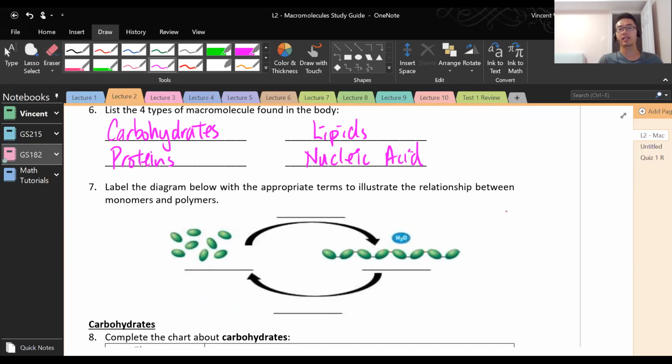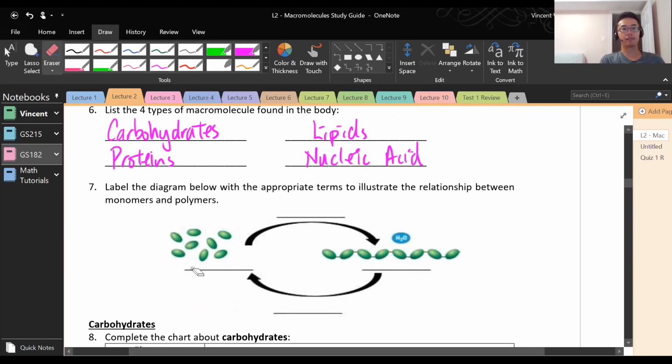The individual components that you use to build the macromolecules are called monomers. And you can link the monomers together to form the polymers.